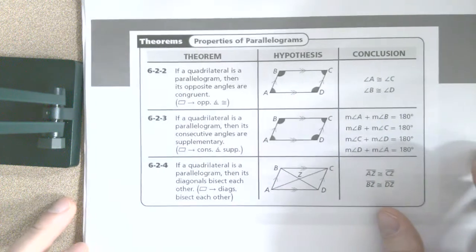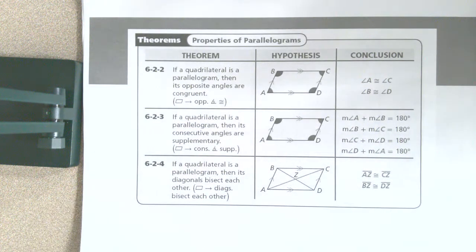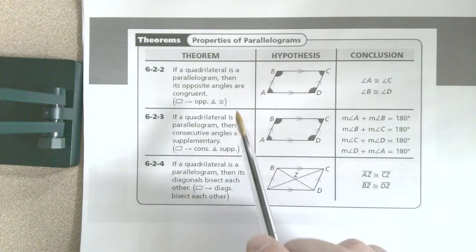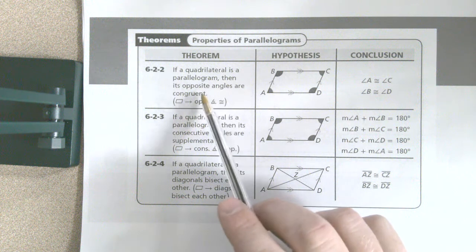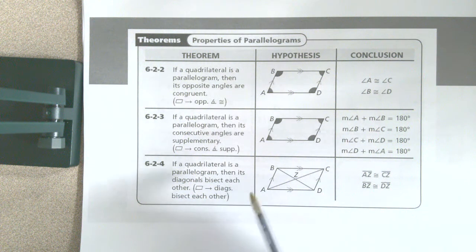The next slide has our remaining 3 properties on it in a little chart here. So property number 3 says if a quadrilateral is a parallelogram, then we know the opposite angles are congruent.